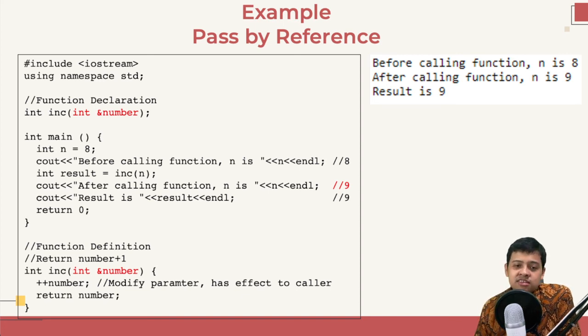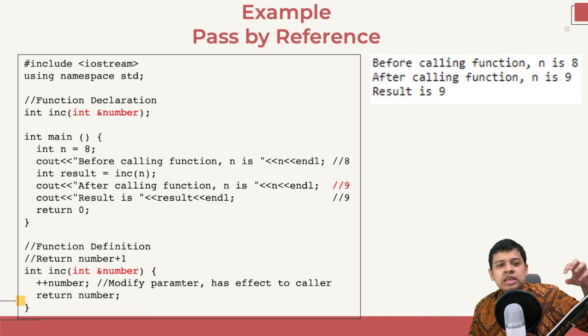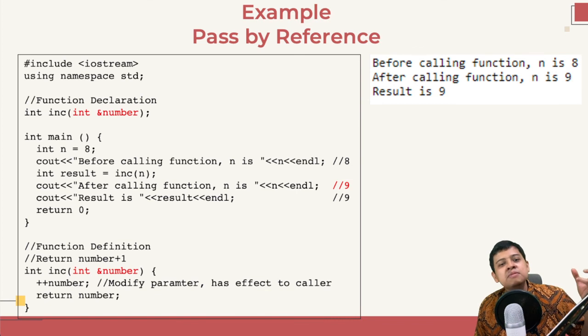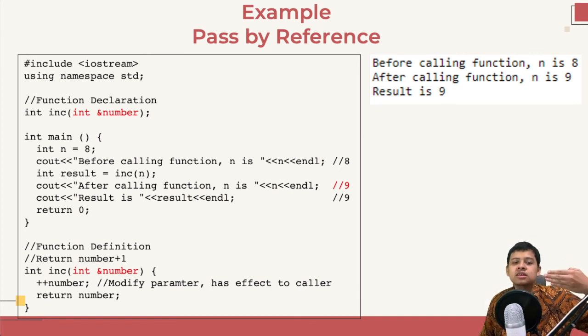In computer science terminology, in pass by value, we only copy the value, and then we change the value. That's no problem. But in pass by reference, we copy the memory address, which is like on the random access memory on the computer.